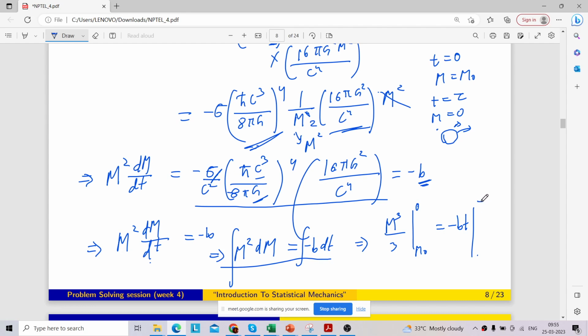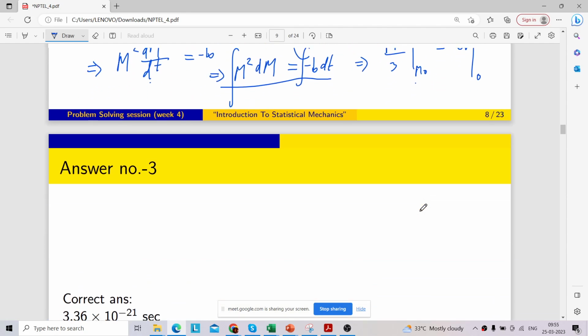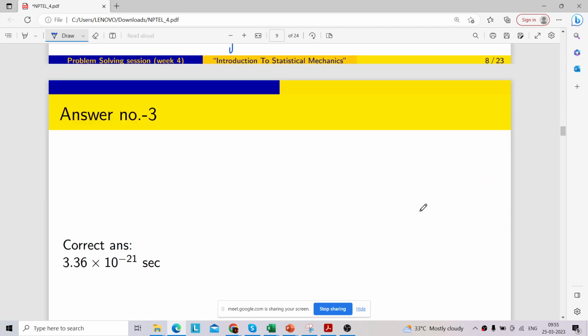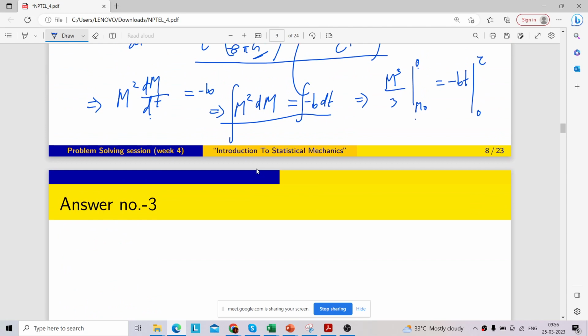Evaporated at what time? Tau. So initially time was 0 and mass was m0, and at time equal to tau the mass vanishes. So putting these limits, we will have 0 minus m0 cubed over 3 equal to minus b tau, right?